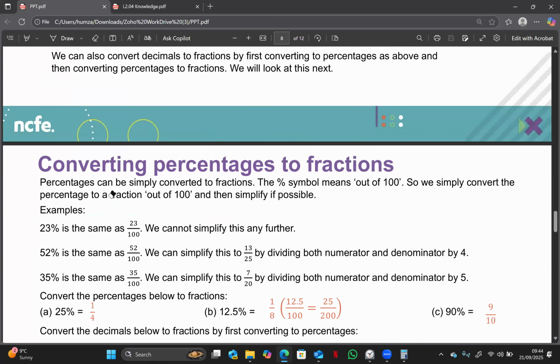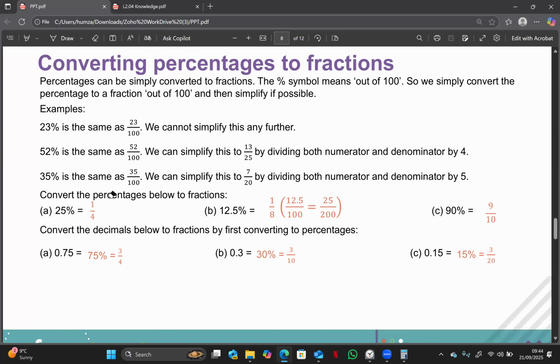Now, convert decimals. Okay, this is gonna be a bit more tricky. All right, so now converting decimals into fractions, right?